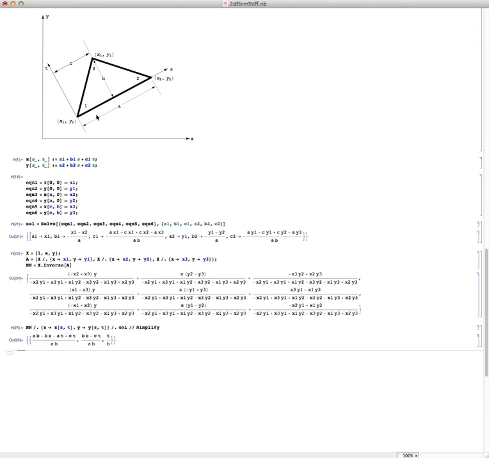Now, just for observation purposes, that's the three shape functions defined in terms of the local coordinate system. If we now condense it down to one side, so we're going to look at the side that goes from 1 to 2, okay?